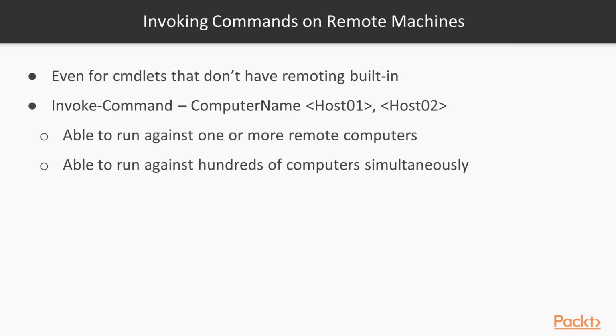Of course, you wouldn't want to be typing hundreds of computer names, but more than likely you can get that computer list out of Active Directory or some sort of a server list that's already there, whether that's in Azure or Active Directory, and then you can process that command running against hundreds of computers in one line of code. And notice that you can also process either single commands or pass entire script files into Invoke-Command.